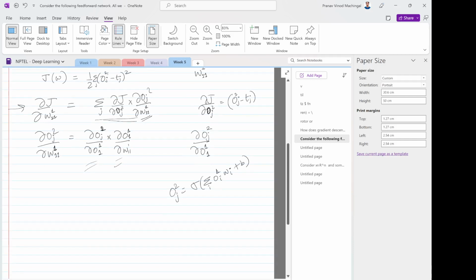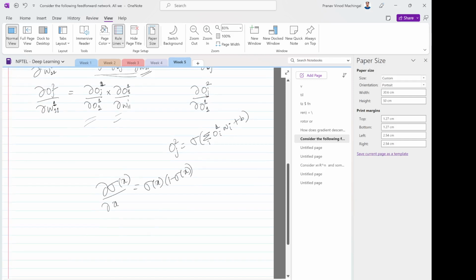When you apply the chain rule, the derivative of sigma x is sigma x into 1 minus sigma x, right? This is the partial derivative of the sigmoid function.